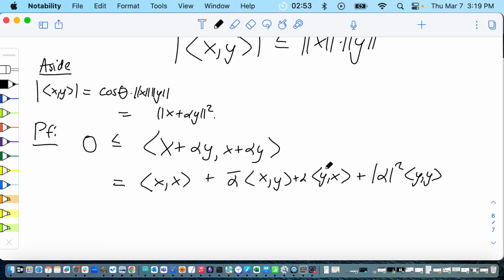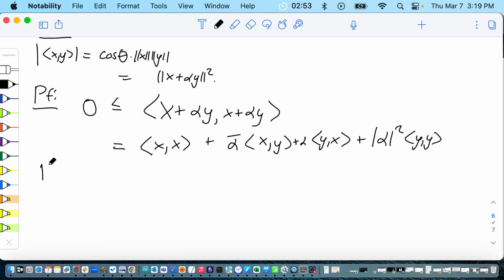So this inequality works for every alpha. No matter what alpha you choose, this combination of x with itself, y with itself, and the xy's will always work out to a real number that's bigger than 0.